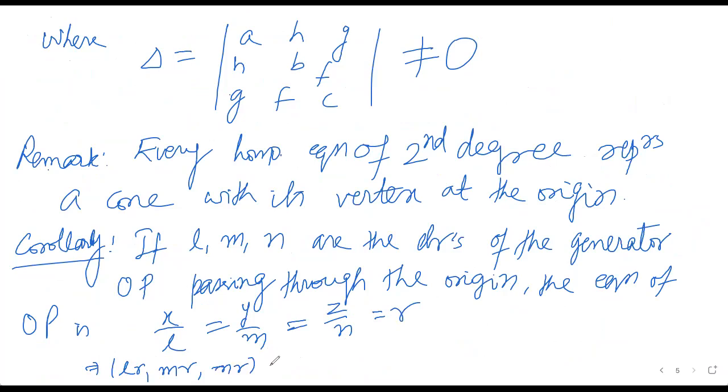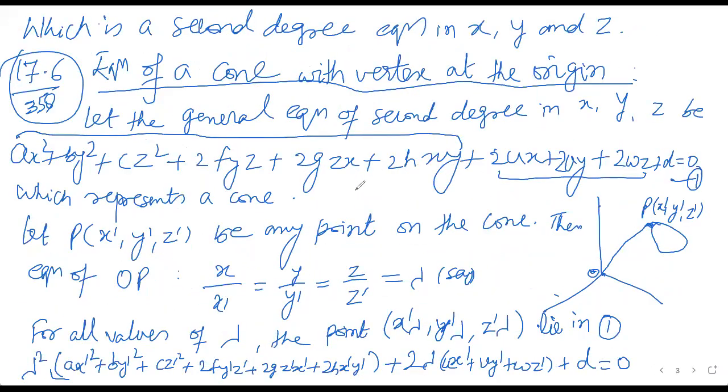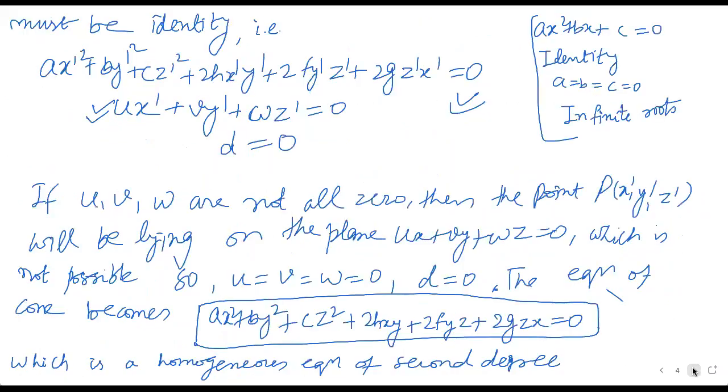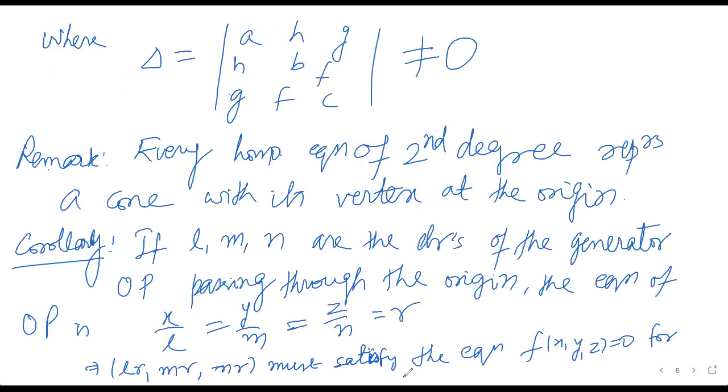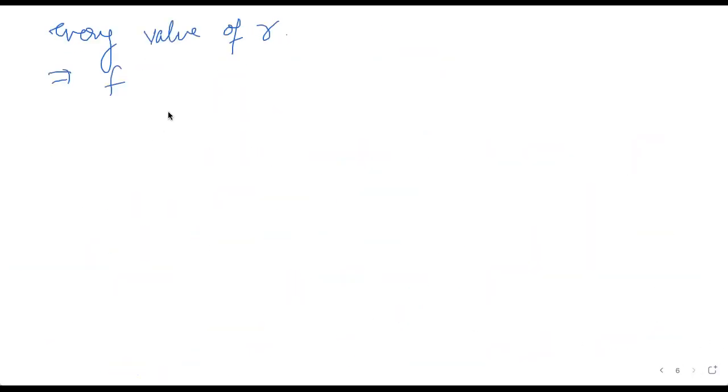They must satisfy the equation, f(x,y,z) is equal to 0, for every value of R. So when you put LR, MR, NR in place of x, y, z, this equation will reduce to f(L,M,N) is equal to 0.